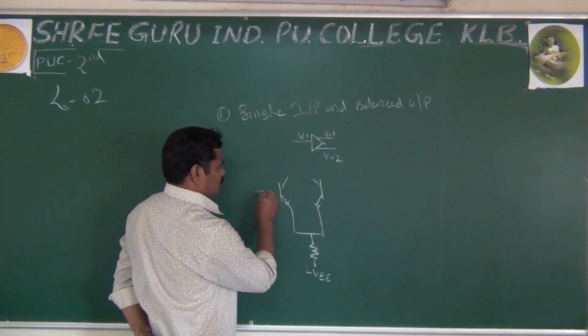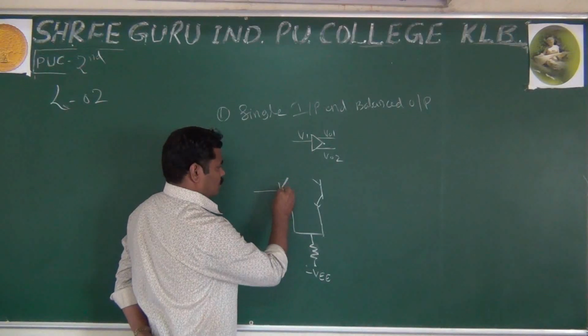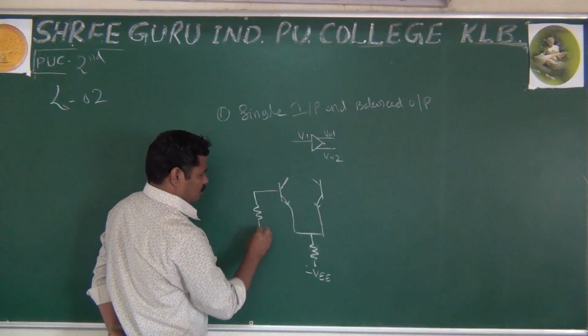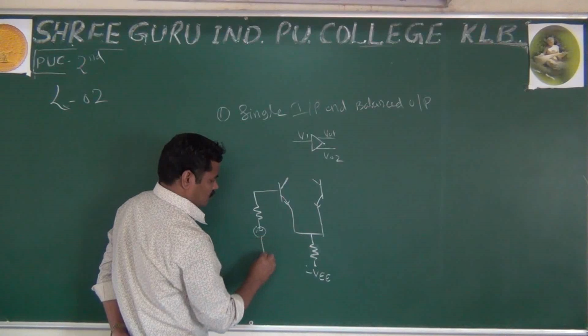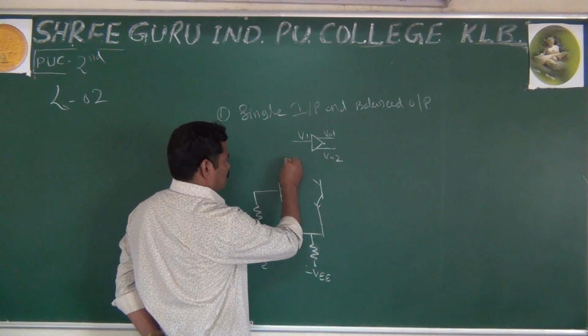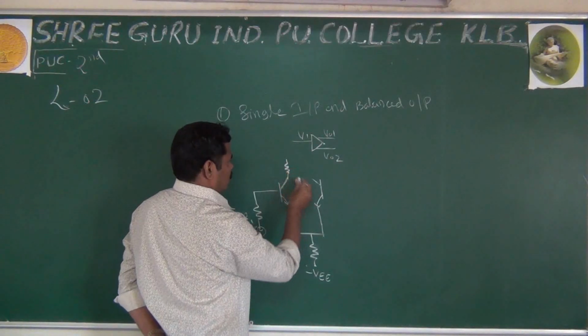Here you are using only the single input, V1, through R1.